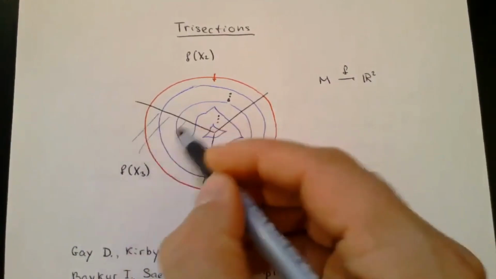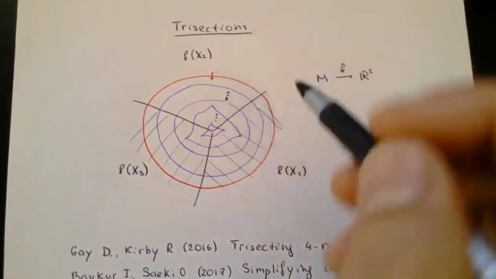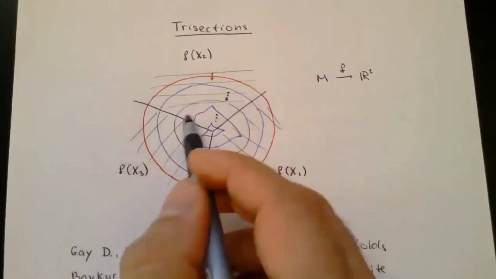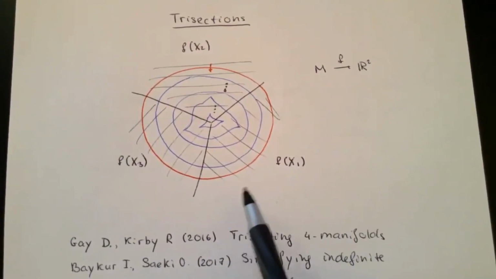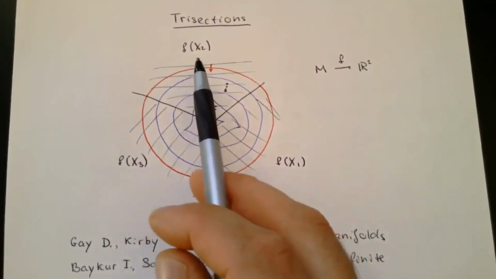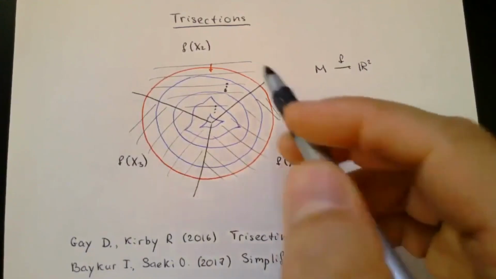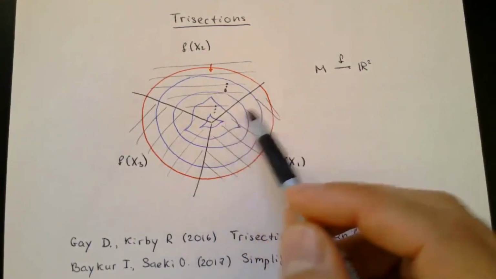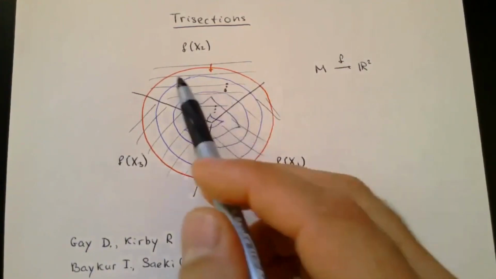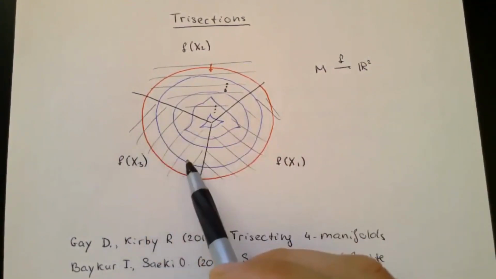So this is one piece, this is another piece, and this is the third piece. And then one can take the inverse images of these 3 pieces. The inverse image of this piece is going to be X1, the inverse image of this piece is going to be X2, and the inverse image of this part is X3.